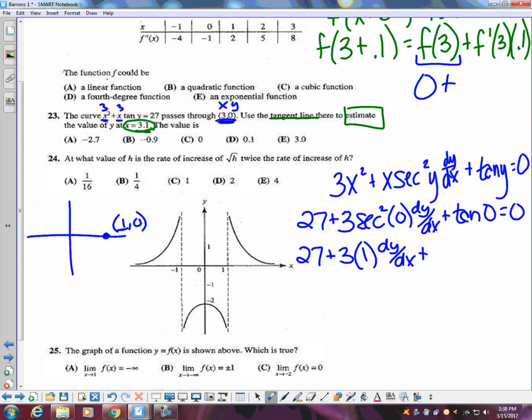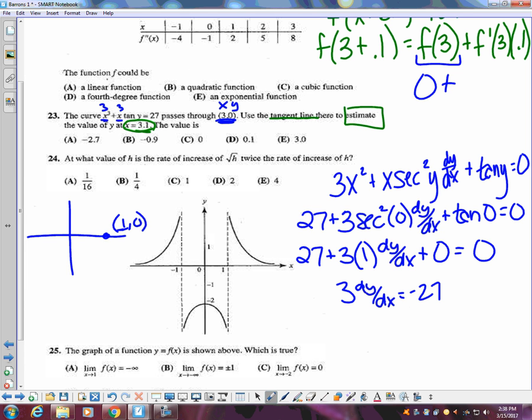What's tangent at 0? y over x, so 0 over 1, which is 0. Subtract your 27 over and divide by 3. So negative 9.